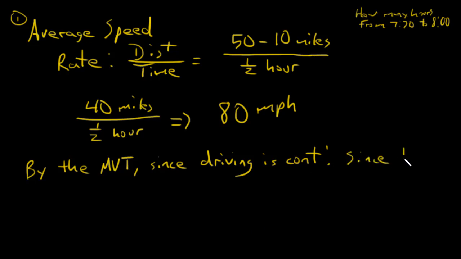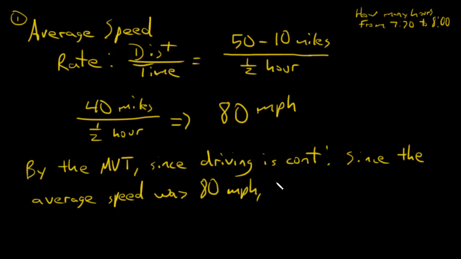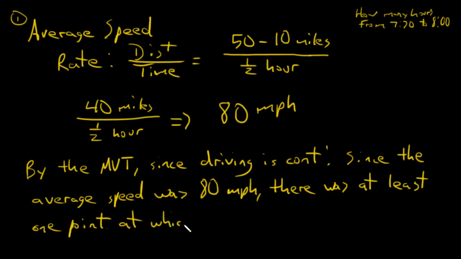Since the average speed was 80 miles an hour, there was at least 1 point at which you were going 80 miles per hour.